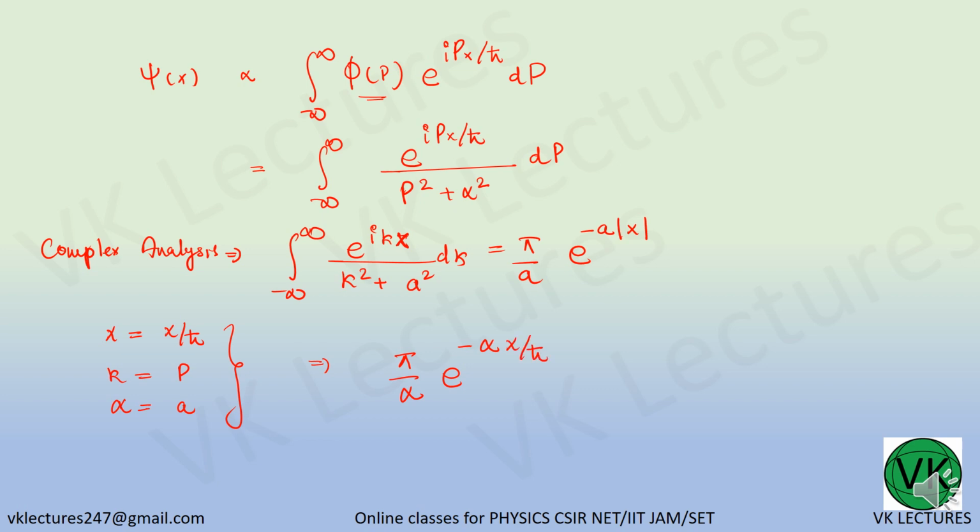Now this is an exponentially decaying function. So in momentum space we have 1 divided by p square plus alpha square, and in position space you have an exponentially decaying function.